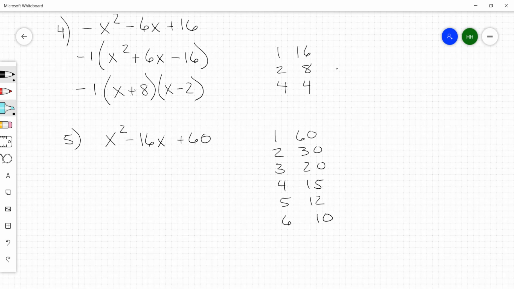I'm thinking the 6 and the 10 to get to 16. I'm thinking both of them negative to get to a positive 60. So x minus 6, x minus 10.